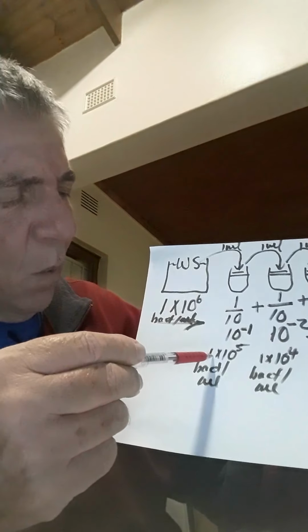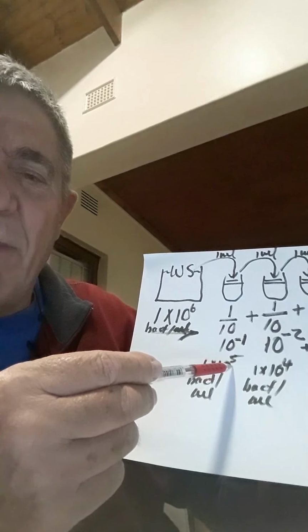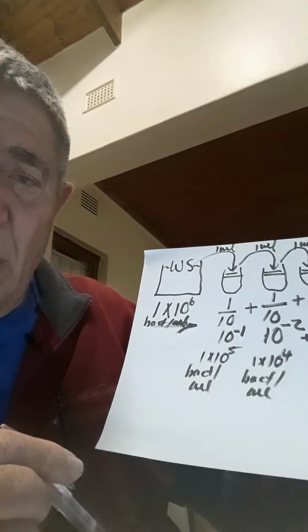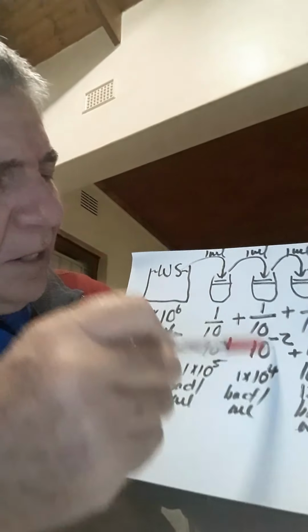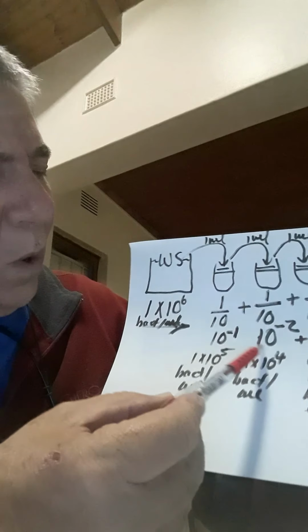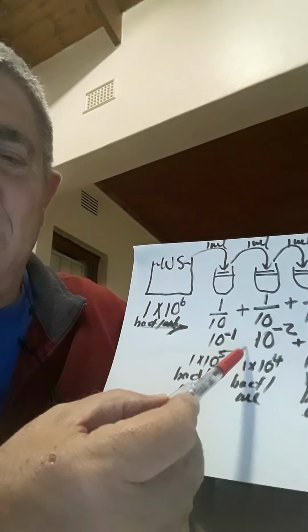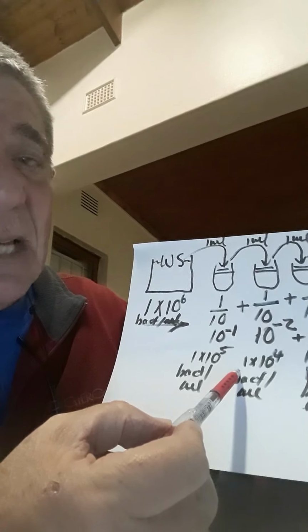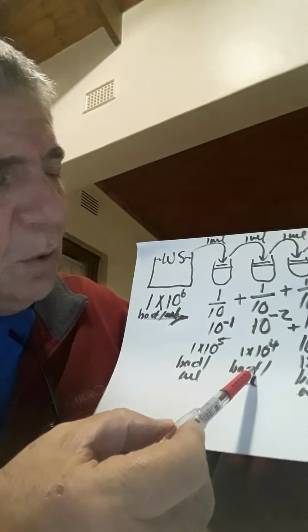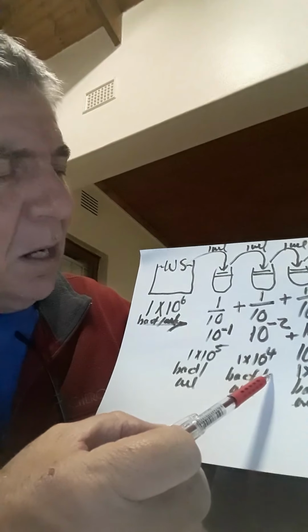It is 1 times 10 to the power 5. Now class, that is still a lot of bacteria. Another 1/10 dilution brings us to 1 times 10 to the power 4 bacteria. That is now 10,000. That is still too many to count on an agar plate.